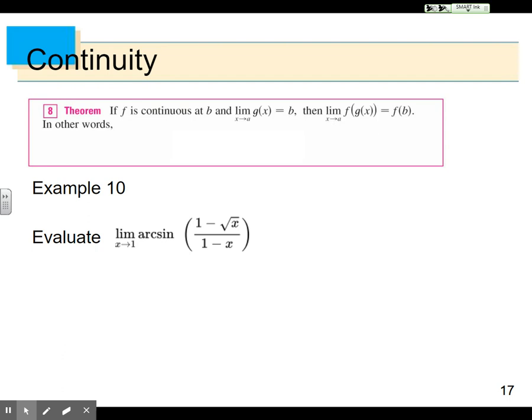Or, in other words, if I'm able to take the limit as x approaches a of a composite function, I should be good to move that limit on the inside and just do f of the limit as x approaches a of g of x.